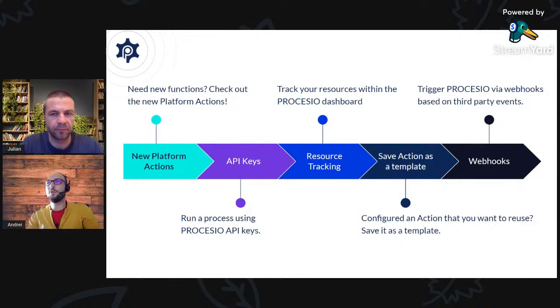We will be able to offer you already predefined templates like call API actions that can act as connectors. And these predefined actions will definitely aid you in building the processes that you are looking for at a faster pace.